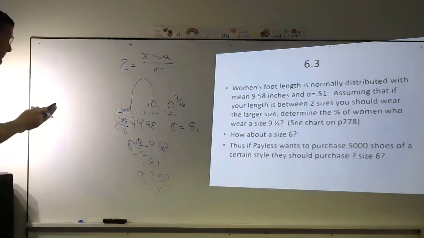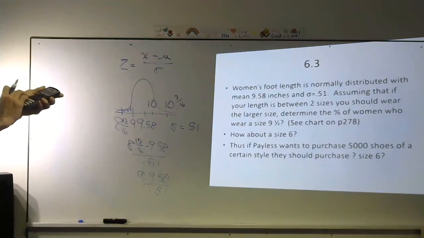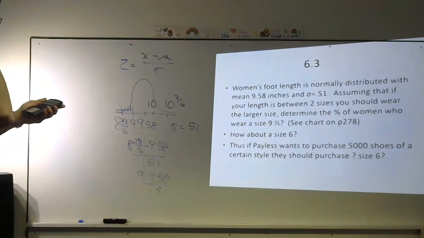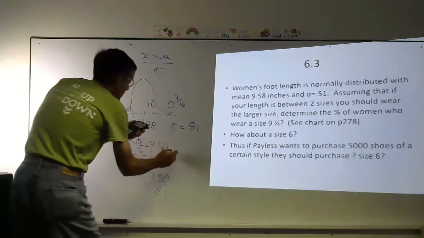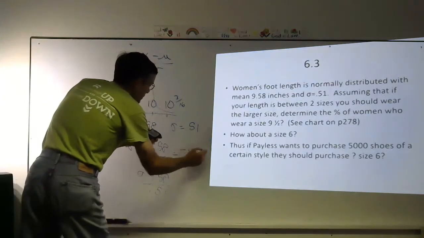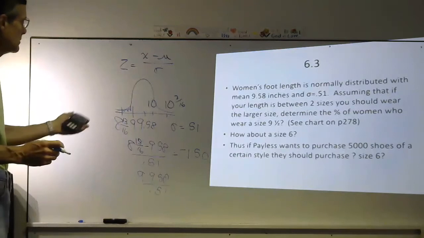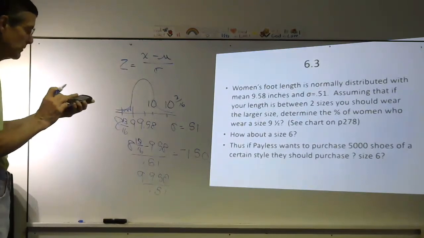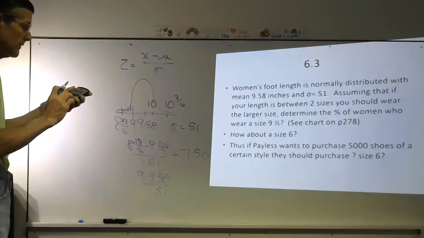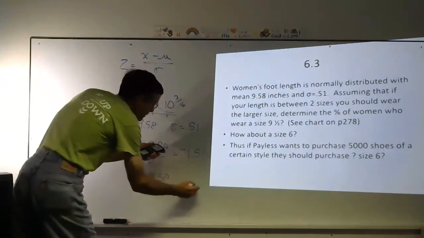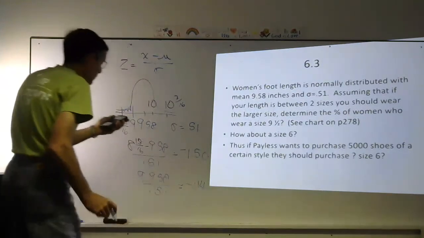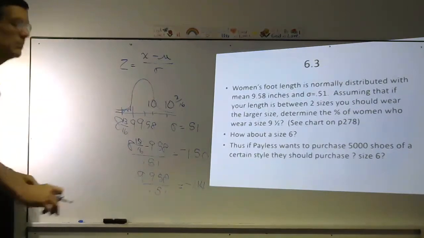Let's do the math. 13 divided by 16 plus 8 equals, so there's 8 and 13/16 minus 9.58 equals, divided by 0.51 equals, I get, rounded to the nearest hundredth, negative 1.50. 9 minus 9.58 is negative 0.58, divided by 0.51, rounded to the nearest hundredth, negative 1.14.